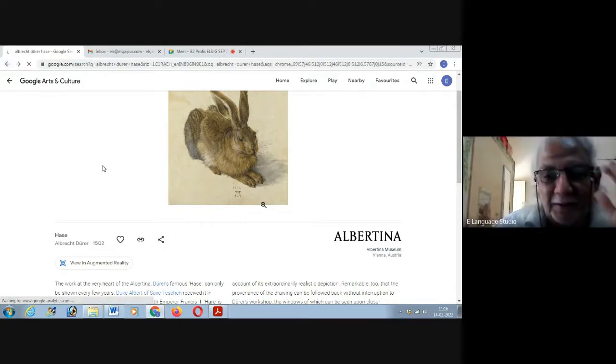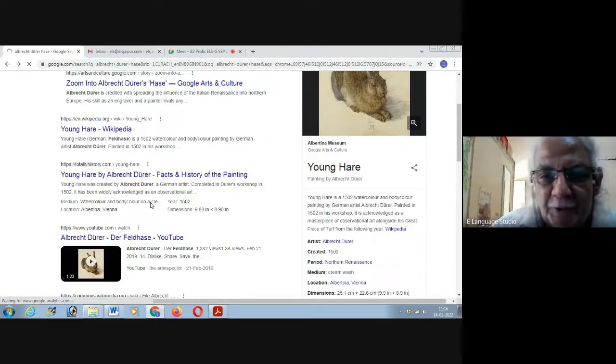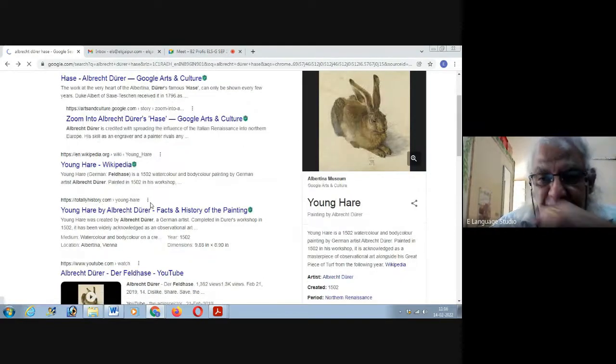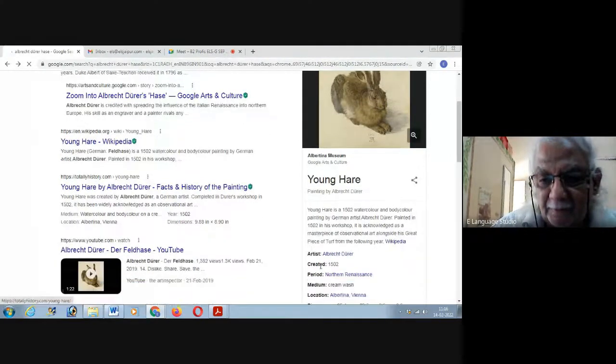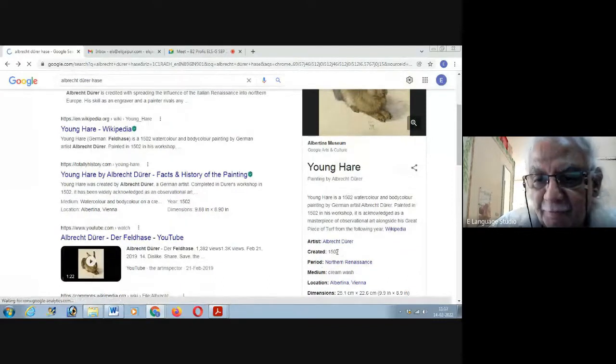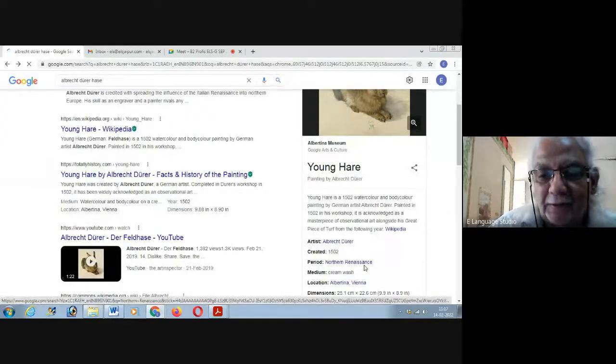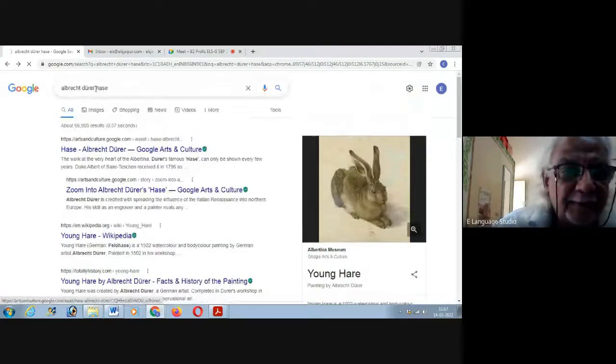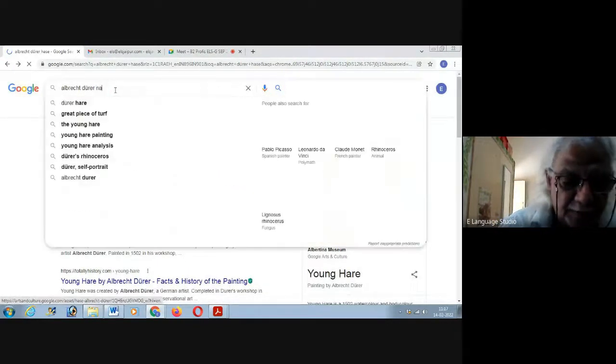Good. Excellent. Then this is by Albrecht Dürer. It was made in 1502 and it's called Renaissance. And it's an awesome picture. I want to show you one more so you have an idea about Albrecht Dürer.